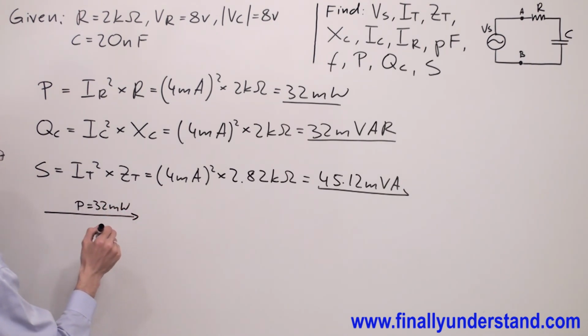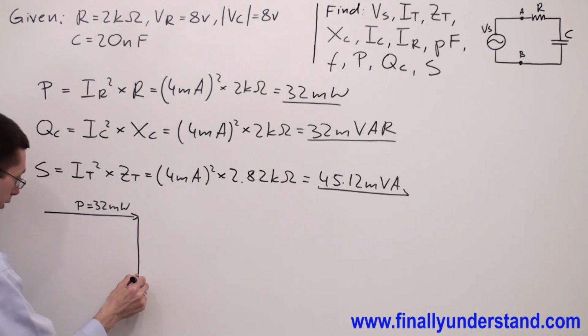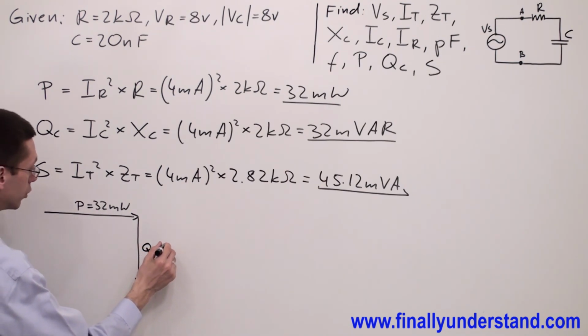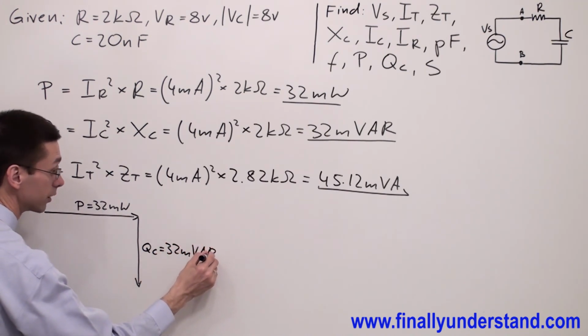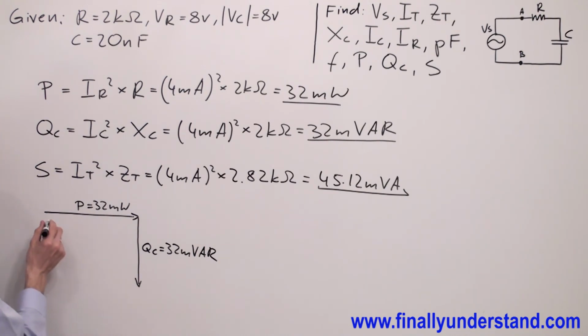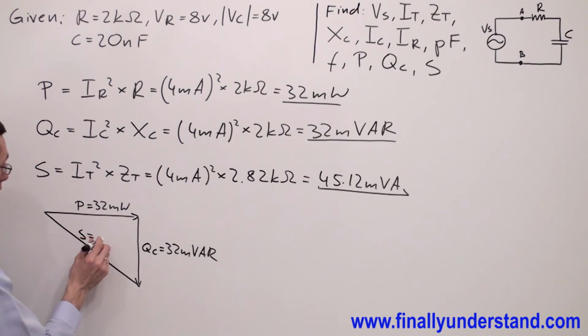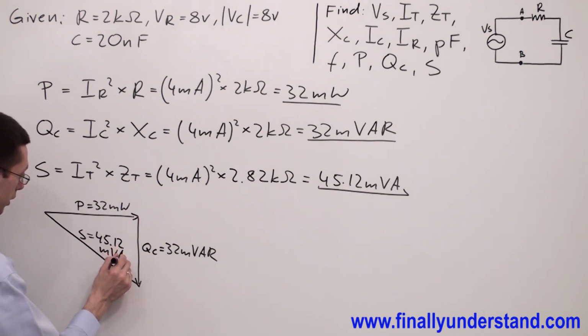And we have reactive power, going down, Q C equals 32 millivolt ampere reactive, and you're supposed to draw the apparent power S, which is equal to 45.12 millivolt amps.